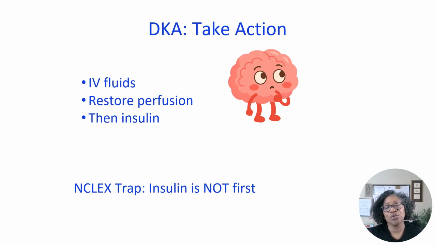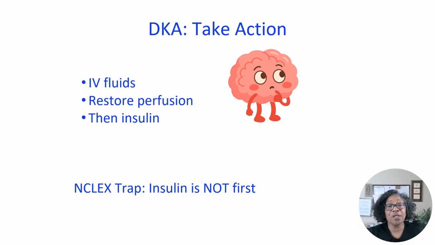The answer is you're going to give IV fluids. Understand the patient is severely dehydrated and fluids restore the circulation and improve perfusion of your patient. If we give the insulin first, we risk worsening the patient's hypotension.